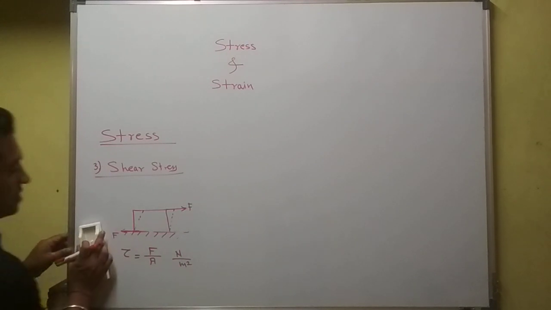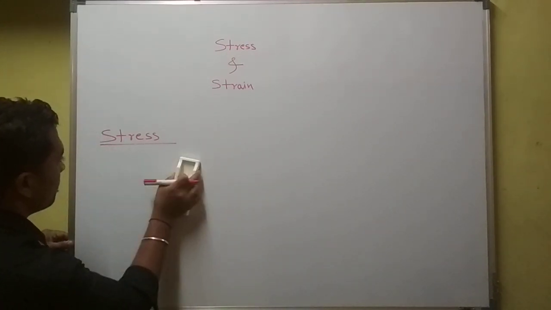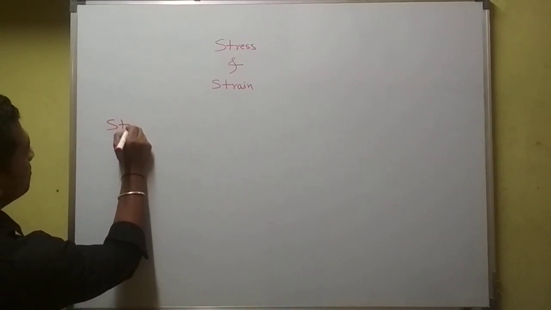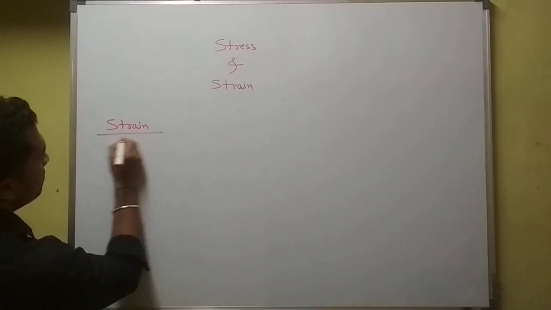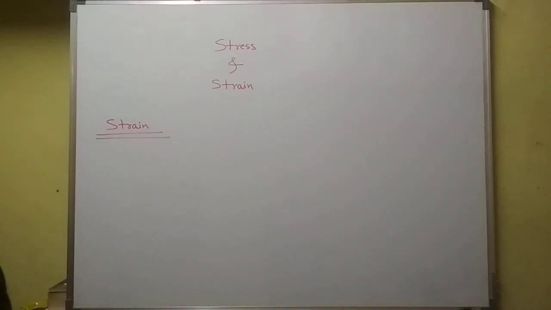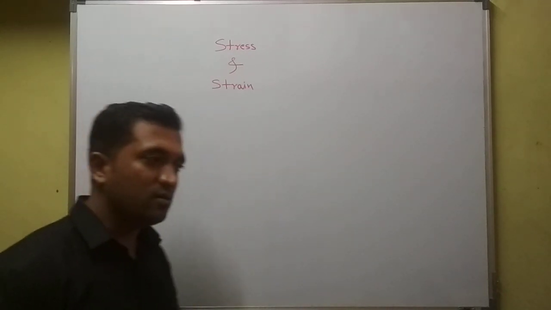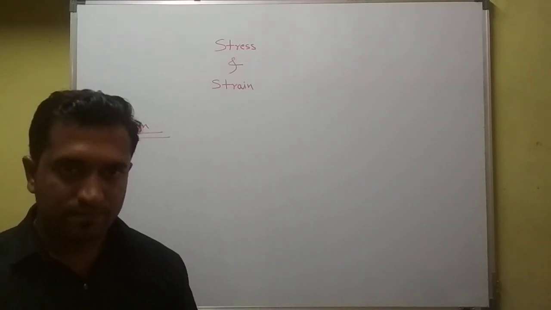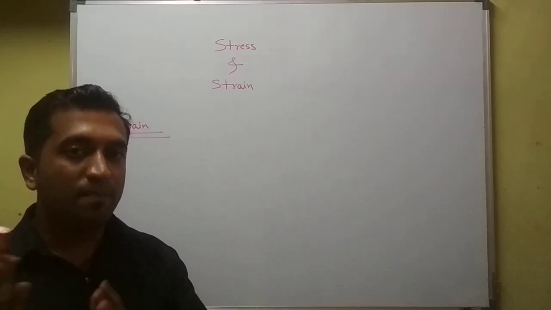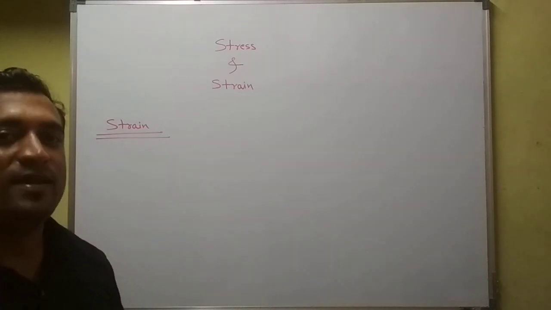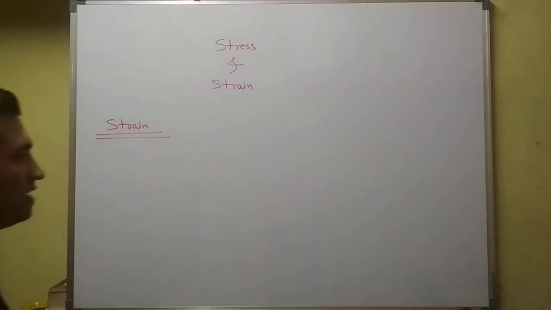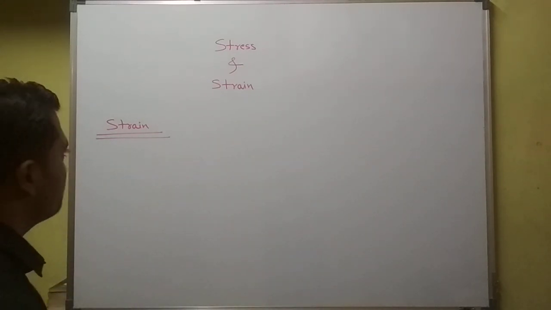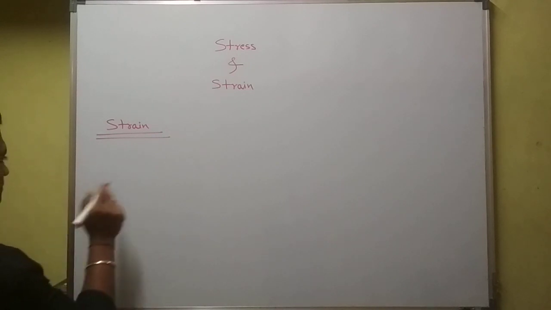Now we'll come to strain. Strain is nothing but deformation per unit length. But to understand that, we will take different types of strains and come to know what exactly it is.